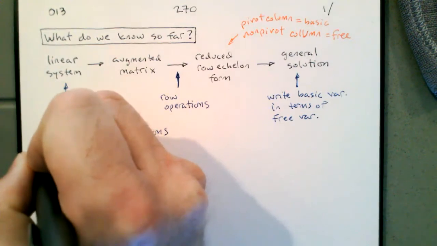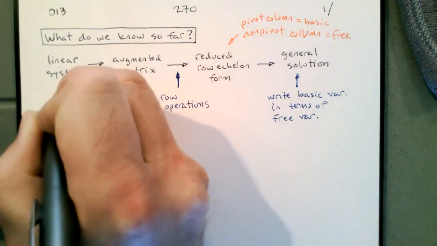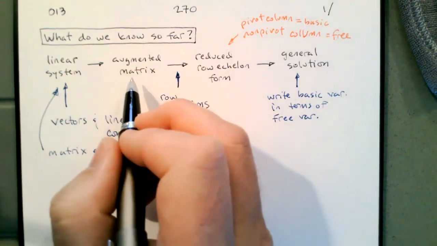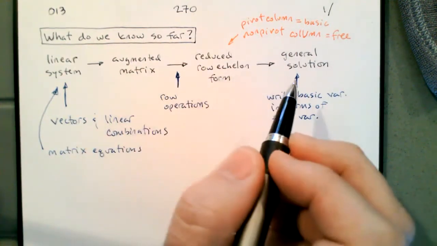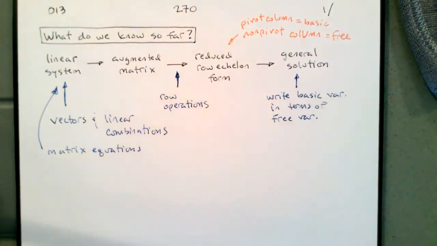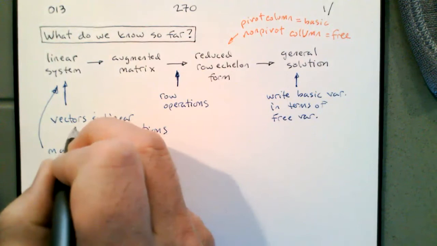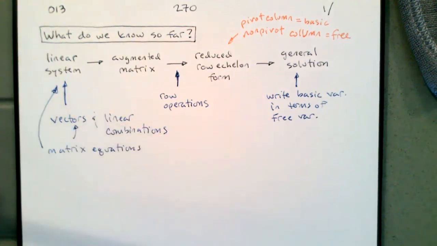The matrix equations are just going to make us think about linear systems, which is going to make us write an augmented matrix, which is going to make us find the reduced echelon form, which is going to lead us to a general solution or some other form. Matrix equations are also going to be connected to vectors. So these are the things that we want to add. So let's talk about vectors.